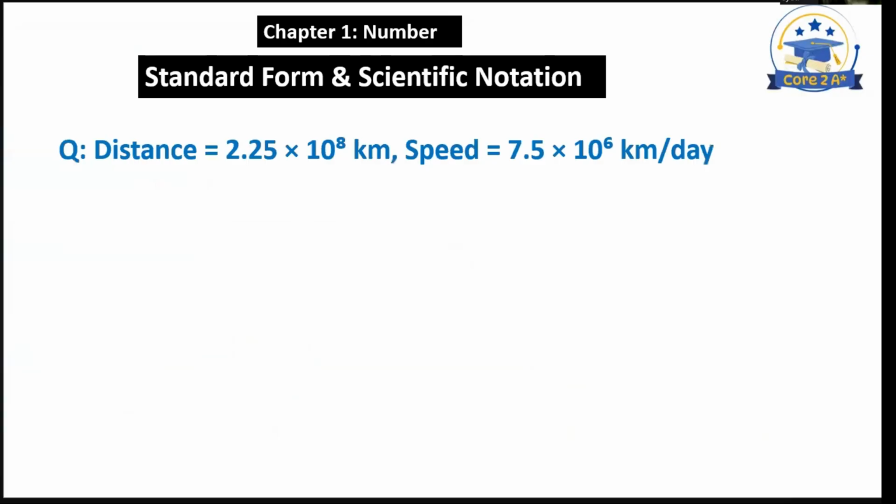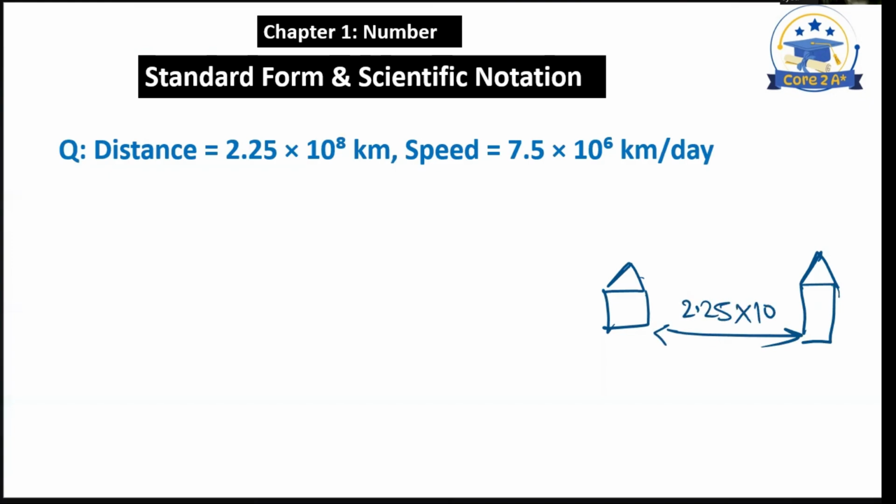Next. Here we have distance of something. Suppose there are two houses. Okay? Two houses. One is bigger, one is smaller, and the distance between them is 2.25 into 10 to the power 8 kilometers, right? And the speed, if we run from one home to another, the speed we have to use is 7.5 into 10 to the power 6.